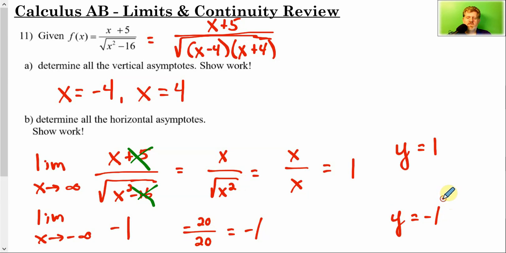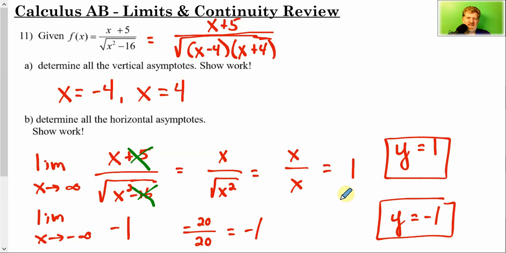When I go to negative infinity, I get an answer of negative 1. Now, if you take a look at a graph or a table, you're just going to find that when this graph goes this way, it's going to flatten out at negative 1. And when it goes this way, it's going to flatten out at 1. It's just the way it's going to be, because that's what happens out to infinity. It seems weird. How can I just ignore these two numbers? Because it doesn't matter.